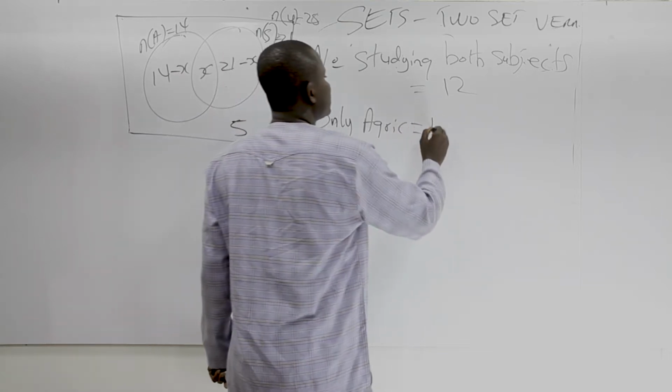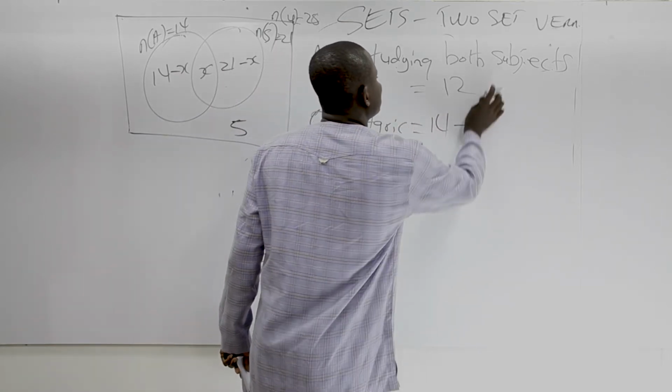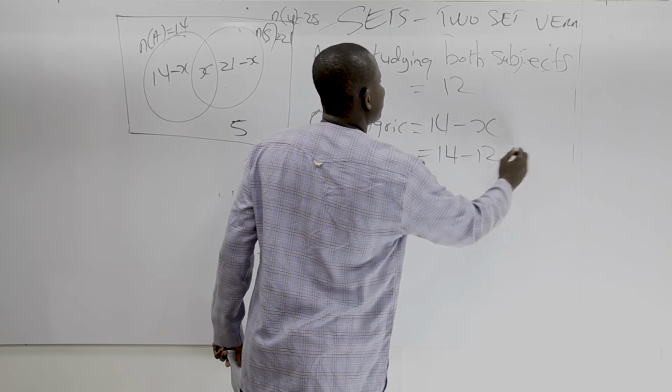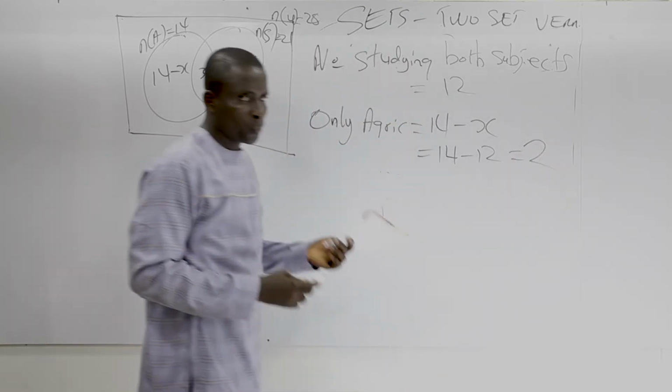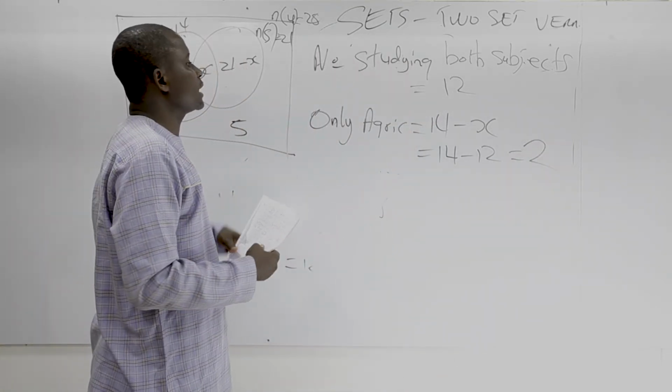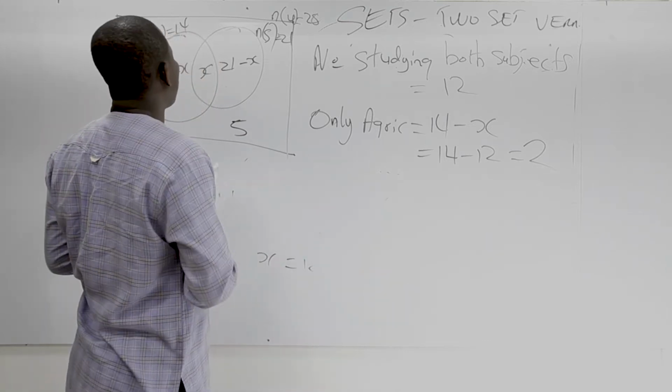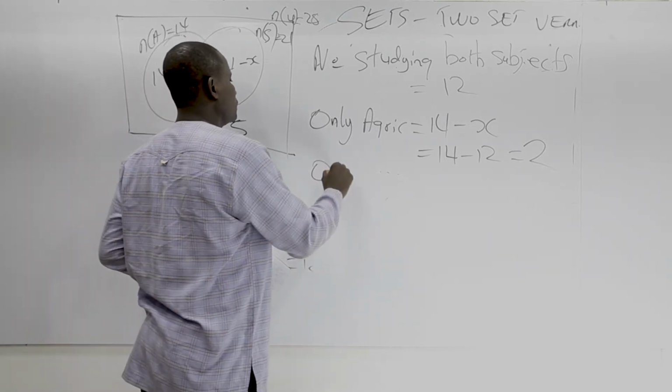It's equal to 14 minus x, where x is 12, so 14 minus 12, and that gives you 2. Right? 14 minus x is equal to 2.